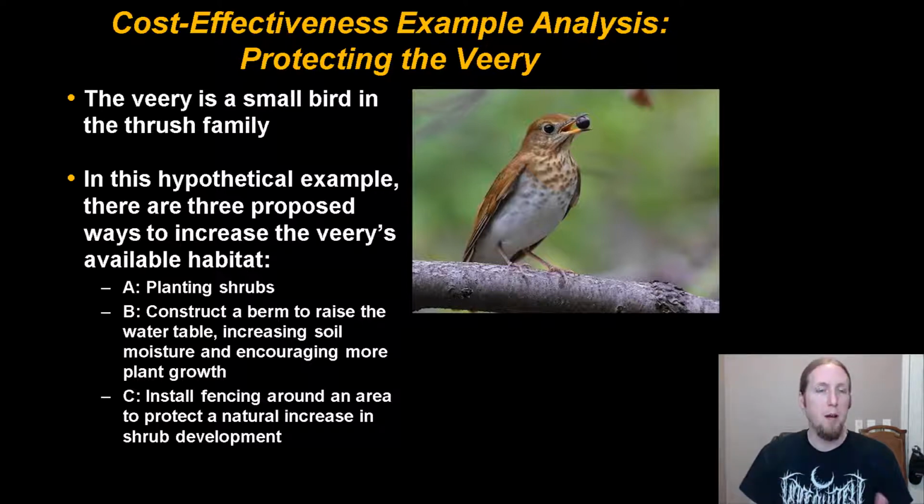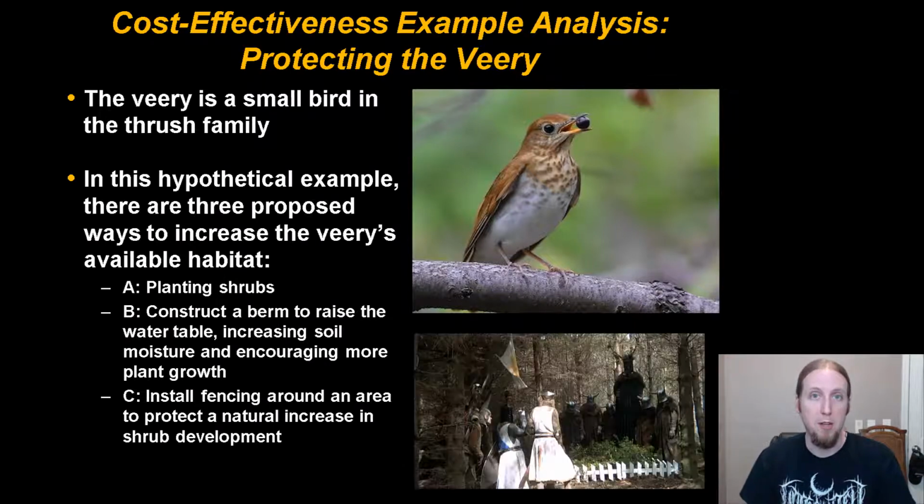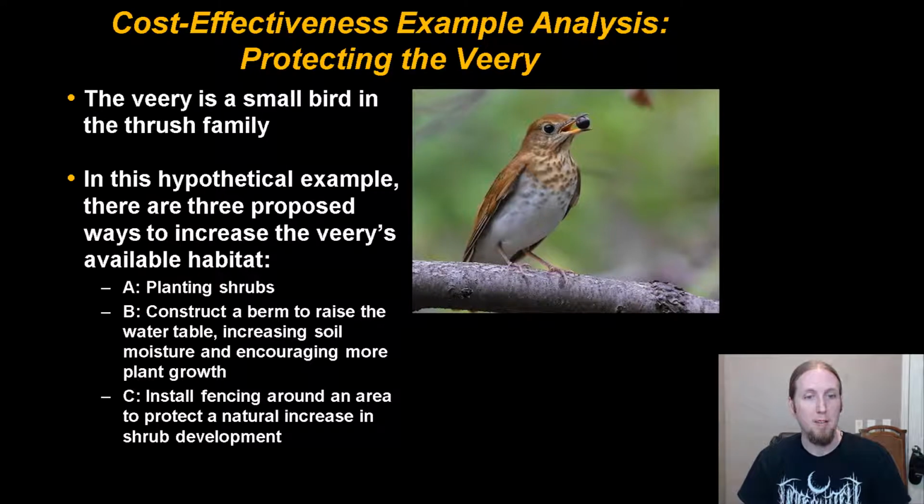We have three different options. The first is planting shrubbery, which provides more vegetation as a food source and an area where the bird can nest. The second option would be more indirect. It's constructing a berm that's going to raise the water table in this area, which is going to increase soil moisture and encourage more vegetation that's naturally there to grow.